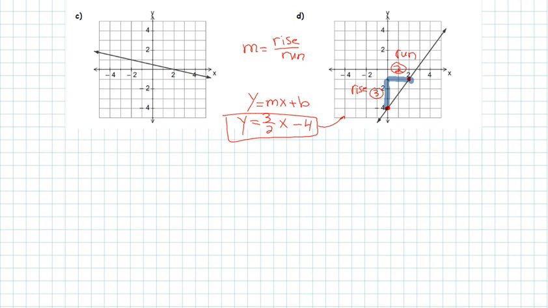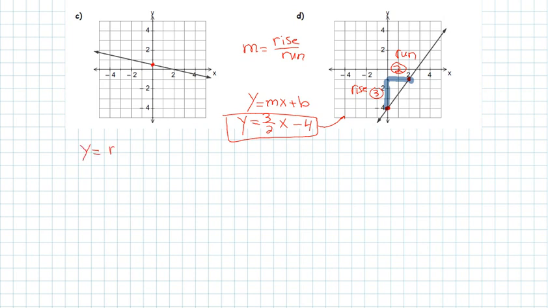Okay? Now, the reason why I did this before I did C is because C, as you can see, the y-intercept is not clear, and it's going to be a little bit different. It's still the same, it's just I can't use my y-intercept because it's a bit hard. So, again, what's my y-intercept here? 0.5, right?